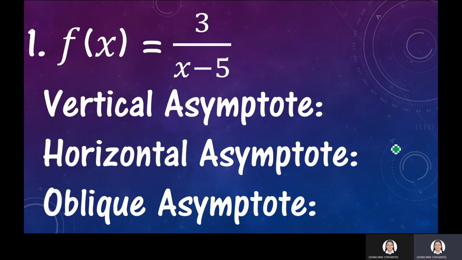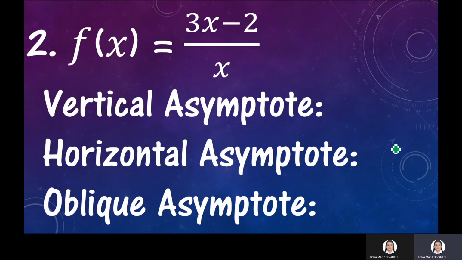Okay, next. Number 2, f of x is equal to 3x minus 2 over x. Find the vertical asymptote, horizontal asymptote, and oblique asymptote.